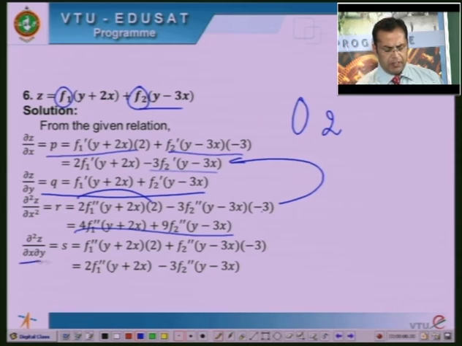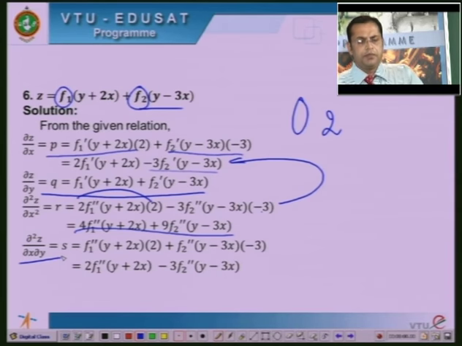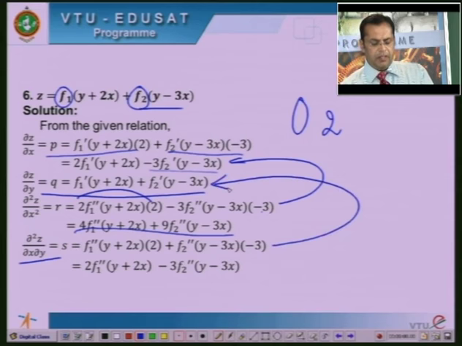Go to the next partial derivative, dou square z by dou x dou y, which is obtained by differentiating dou z by dou y with respect to x. So, go to q, differentiate that again partially with respect to x.